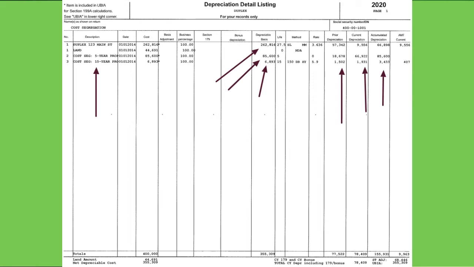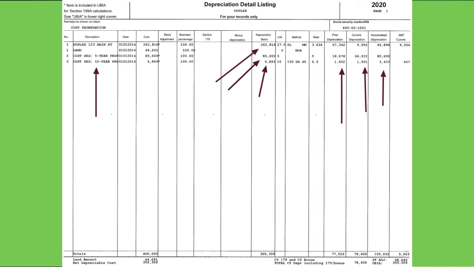And remember, going up to that one step above the 27 and a half year, your software is going to say $77,522. You need to change that to $57,342. And then the depreciation basis, of course, is brought down to $262,816 in the 27-year class life, so that it all reconciles out. The 5-year class life is going to be the same thing.